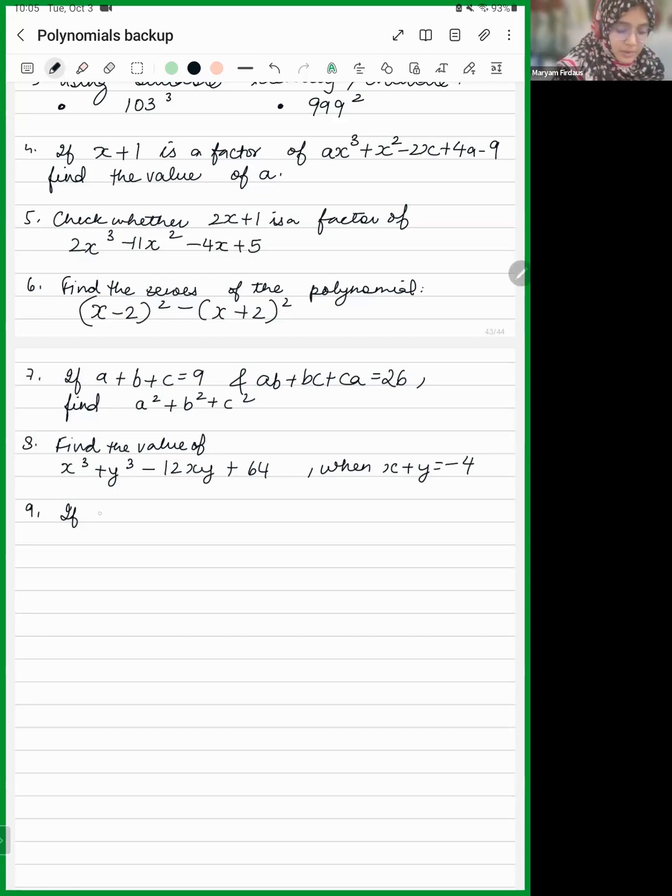If x plus y equals 12 and xy equals 27, find the value of x cube plus y cube.